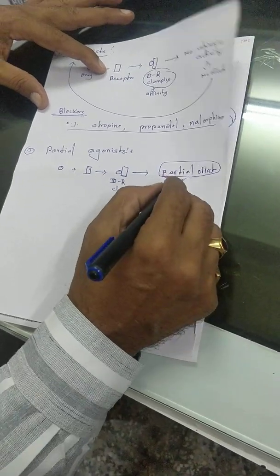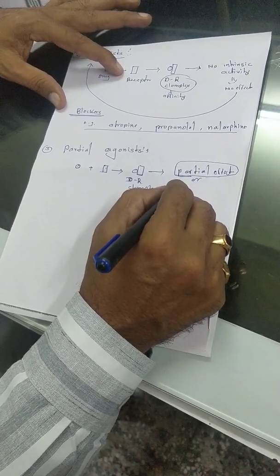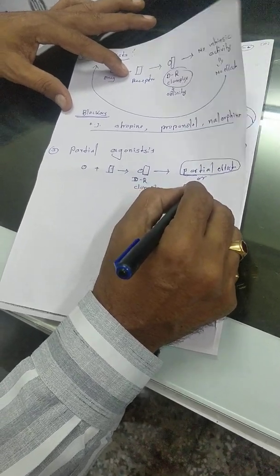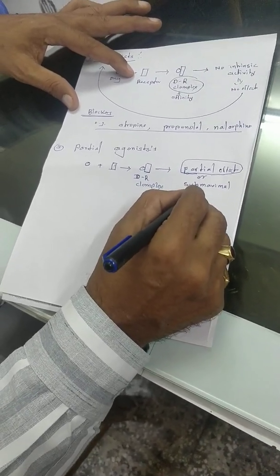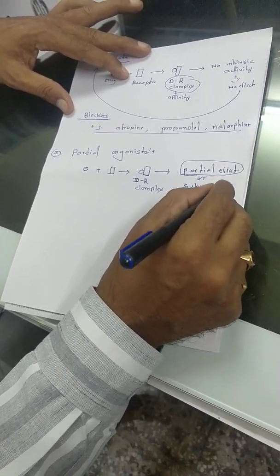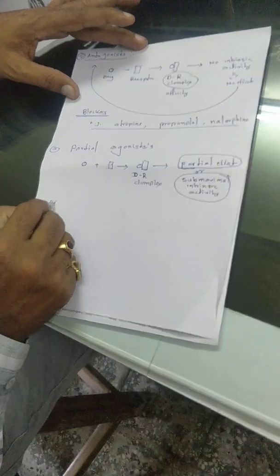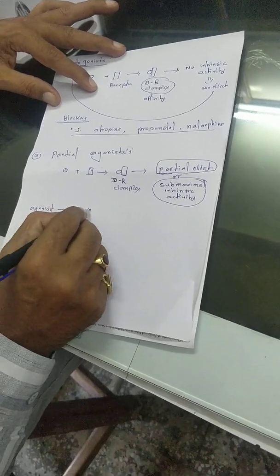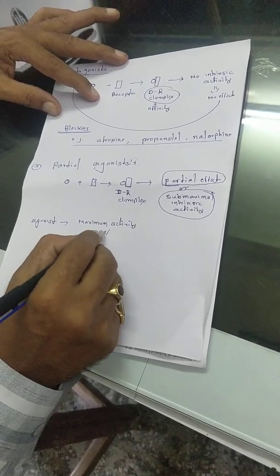What is a partial? Sub-maximal intrinsic activity. Mathematically, you can say the agonist produces the maximum activity, meaning 100% desired effect.